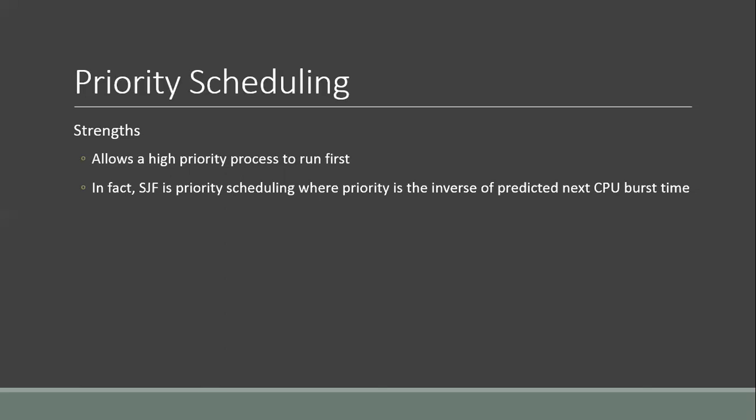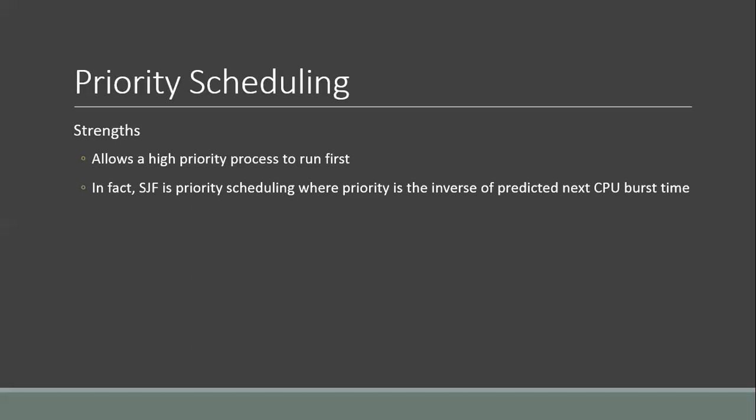In fact, SJF is priority scheduling, where priority is the inverse of the predicted next CPU burst time. This means SJF is also a priority scheduling algorithm. And in SJF, the highest priority process is that process whose predicted next CPU burst time is the smallest.